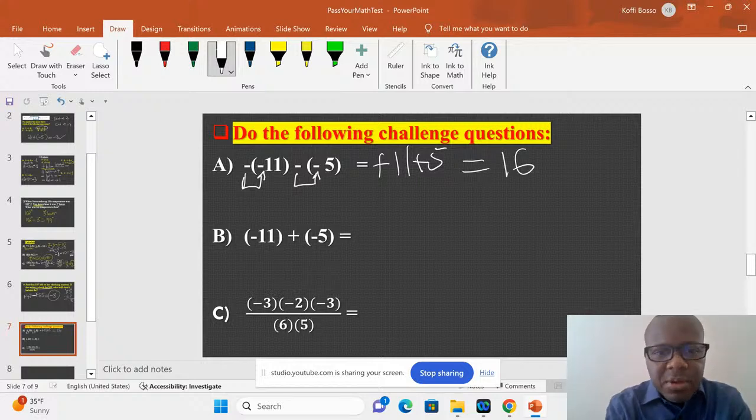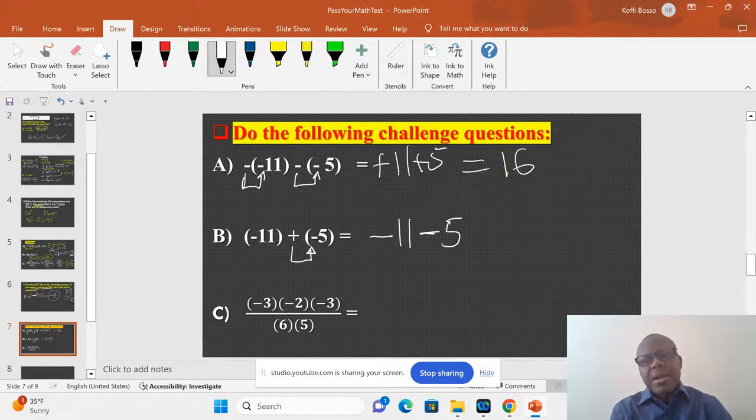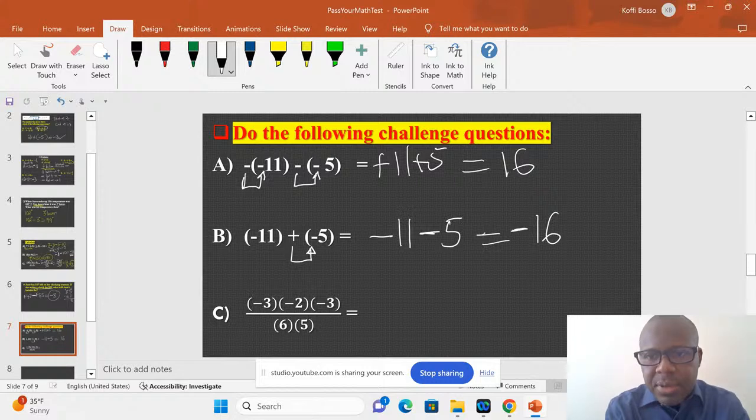What about this one? I remove the parentheses, I'm going to have a negative 11. The positive here will hit this negative to turn to negative, so negative 5. So the two numbers are negative, right? They have the same sign, so I will add the two numbers. I get 16 and I keep that same sign.